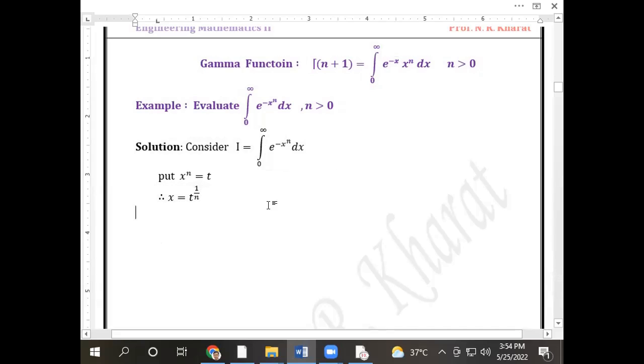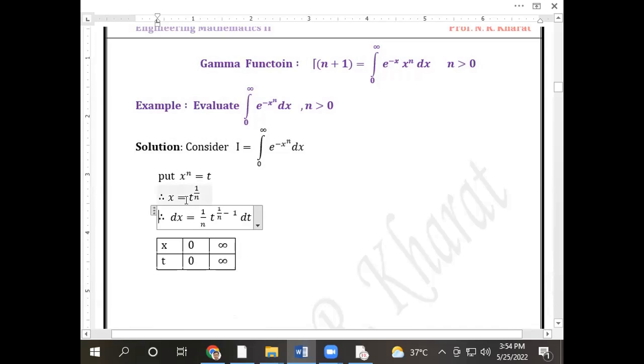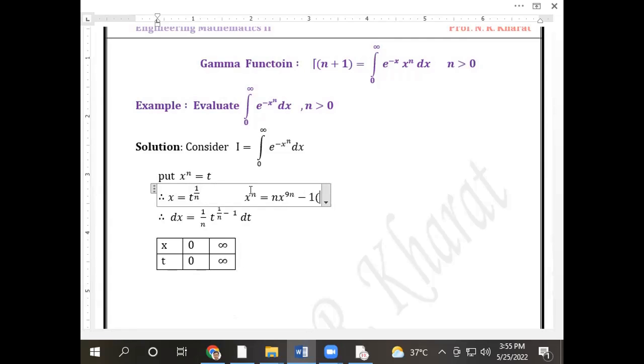The derivative of x becomes dx, and the derivative of t raised to 1 upon n is 1 upon n times t raised to 1 upon n minus 1, because we use the formula for the derivative of x raised to n, which is n times x raised to n minus 1.